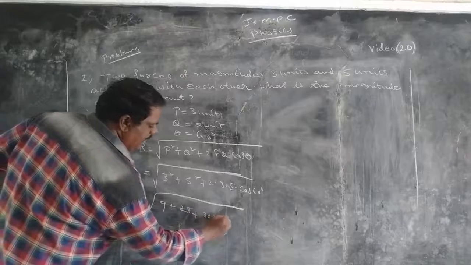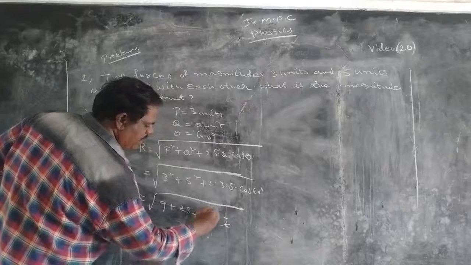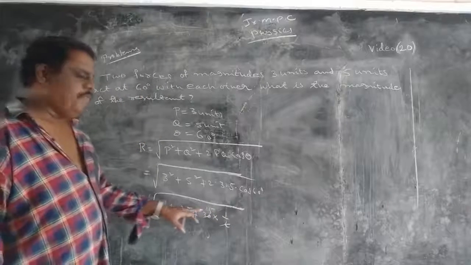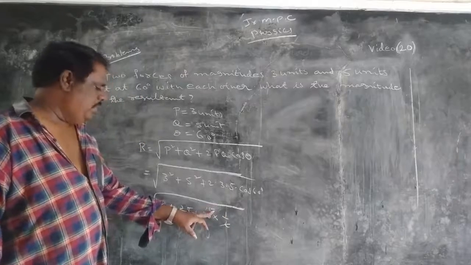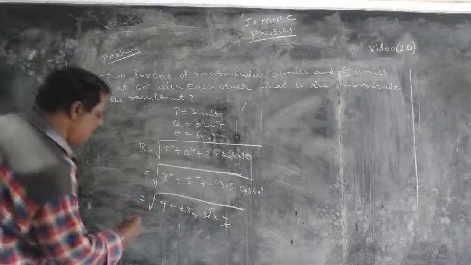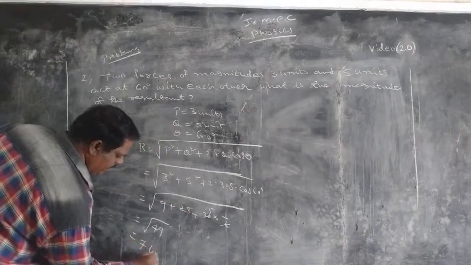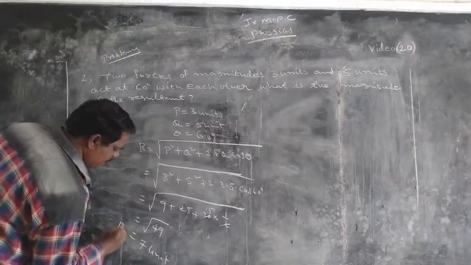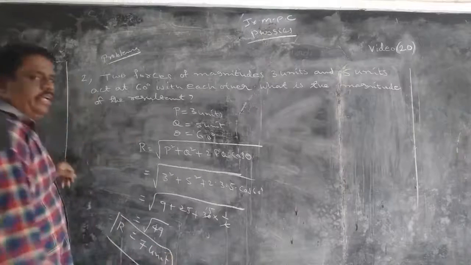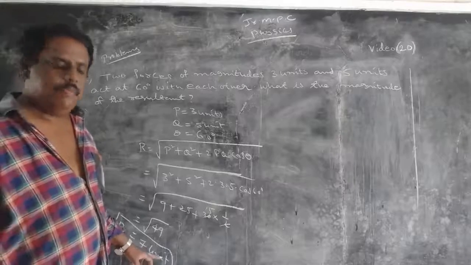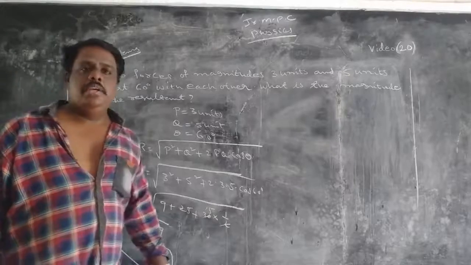The cos 60 value becomes half, so it becomes 15. 25 plus 15 becomes 40. 40 plus 9 is 49. The root of 49 is 7 units. That means the resultant magnitude in this problem is equal to 7 units.